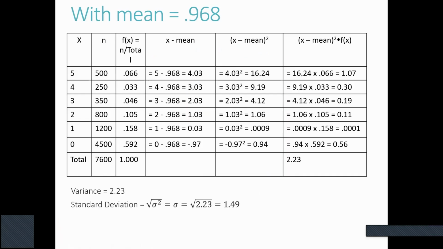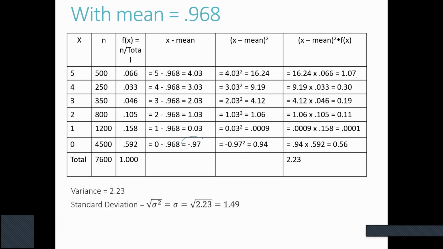So for our first one, 5 boxes minus 0.968, the mean, the deviation is 4.03. We square that and get 16.24. And then we weight that by the 0.066 and we get 1.07. One thing to notice here, because now we're doing deviations. Remember the 0 line before gave us a 0 when we multiplied it out.